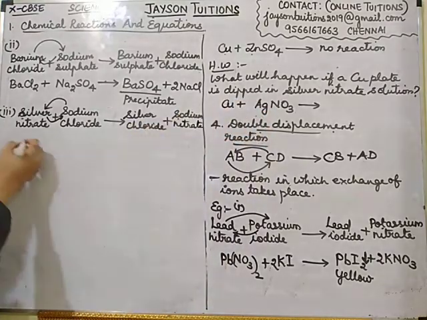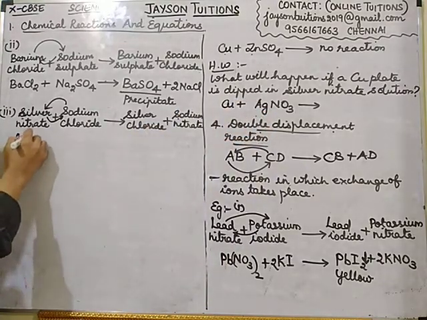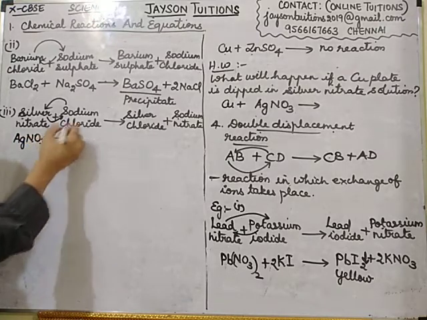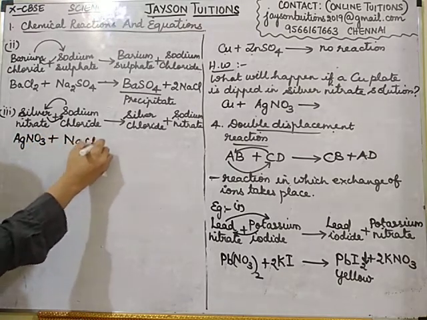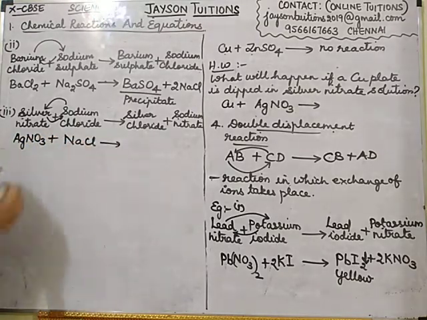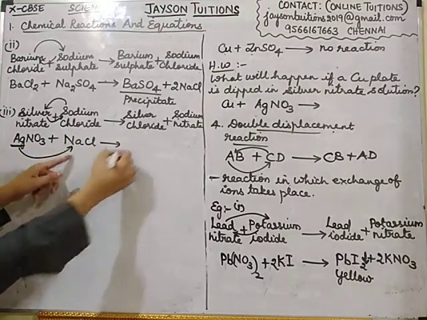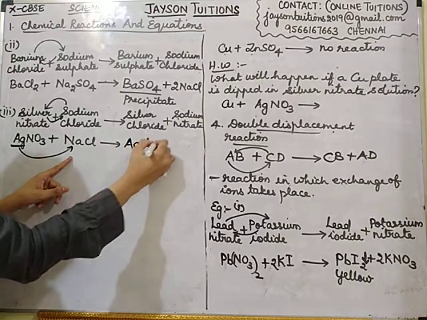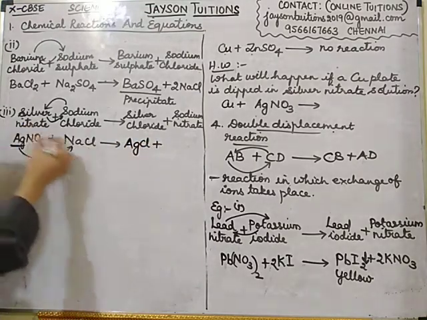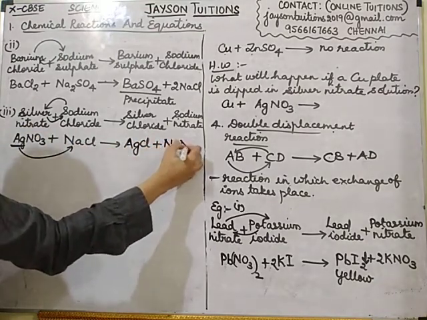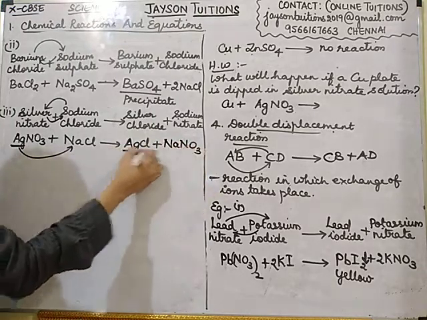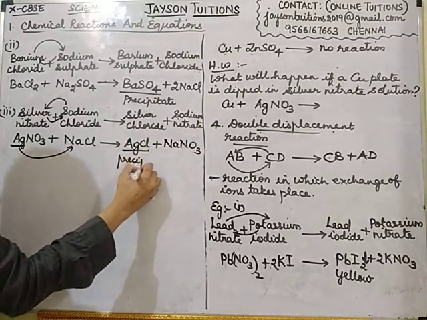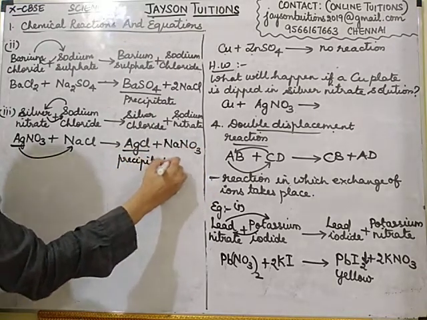Already I have written here, silver nitrate is AgNO3, plus sodium chloride, you know the formula, NaCl. If silver comes here, I will get silver chloride, AgCl, plus sodium nitrate, NaNO3. This AgCl is the precipitate here.